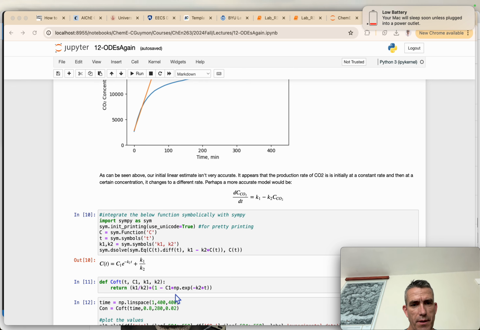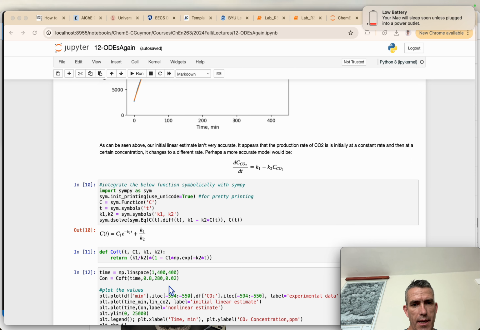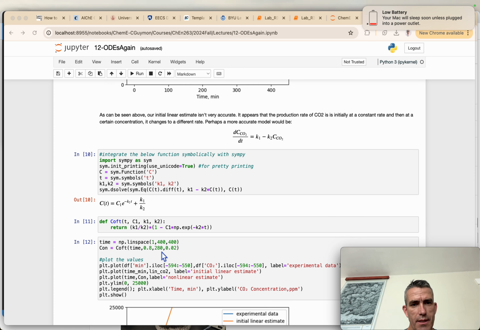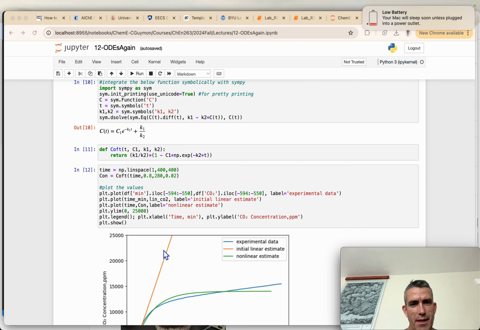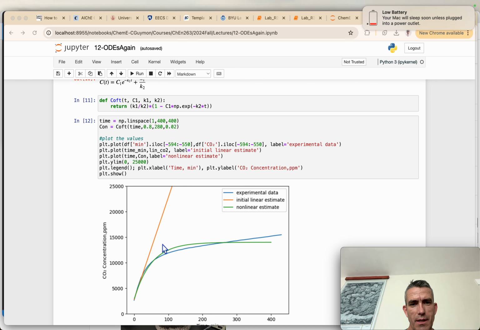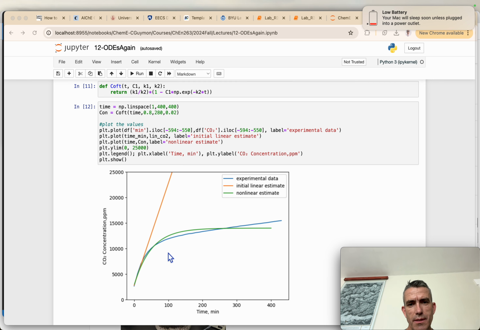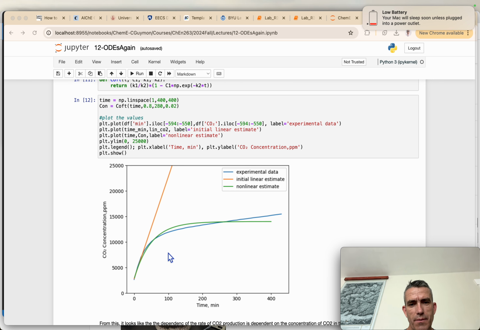And I'm just going to make a function right there. And then all I've done here is guessed repeatedly a few parameters for my C1 and K1 and K2 to get somewhat close. And you can see that it gets somewhat close, much closer than our initial estimate. So it does appear to affect the CO2 generation rate based on the CO2 amount present.